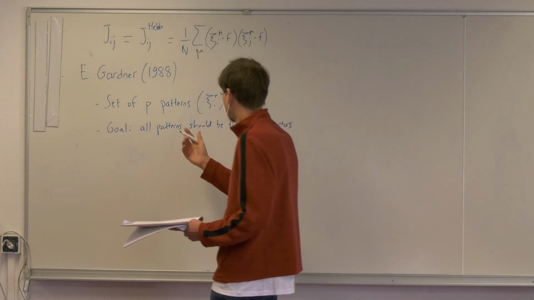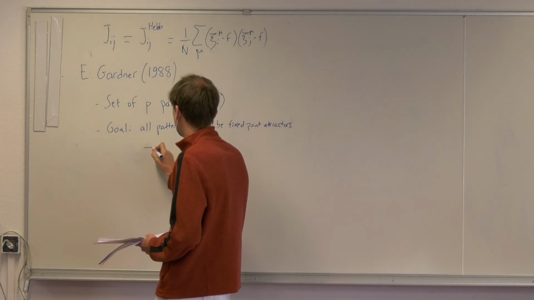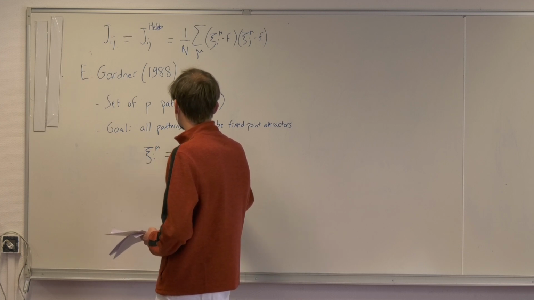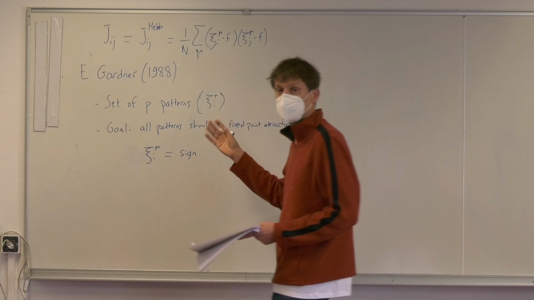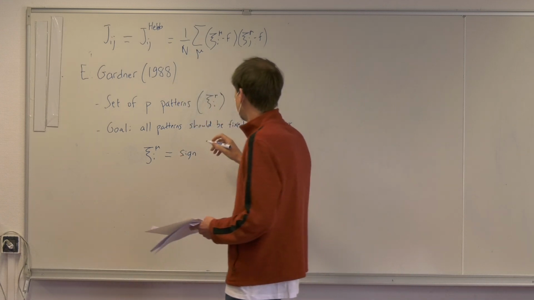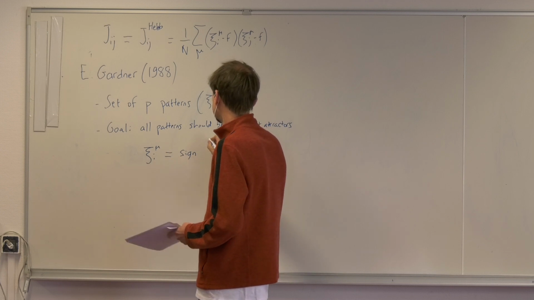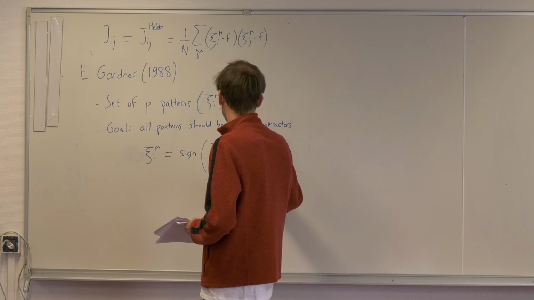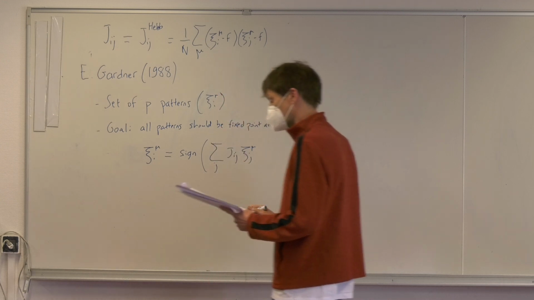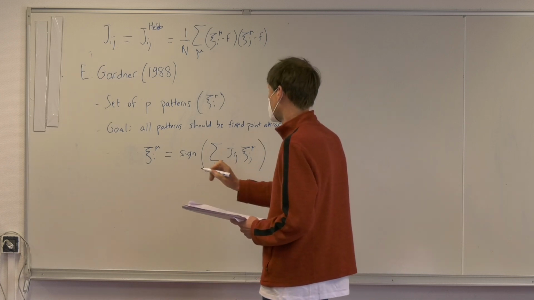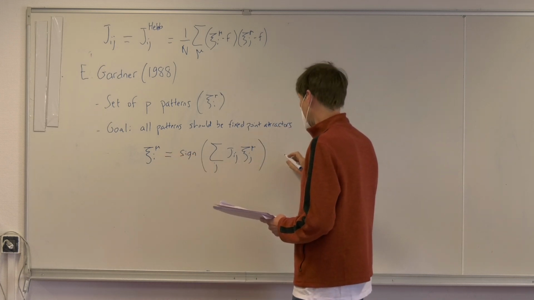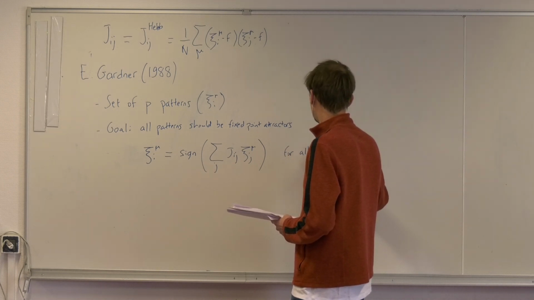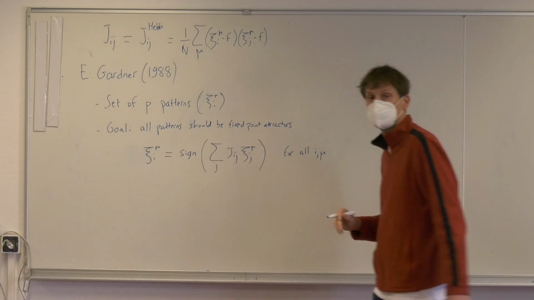To achieve this goal, we need to satisfy a number of constraints, and basically these constraints are that psi mu should be equal to the sign. I'm back to plus and minus 1 neurons for simplicity. So psi I mu should be equal to the sign of the sum over j of J_ij psi j mu. And I have basically P times N constraints, because these should be satisfied for all neurons I and all patterns mu.